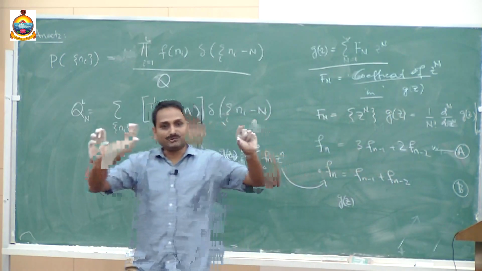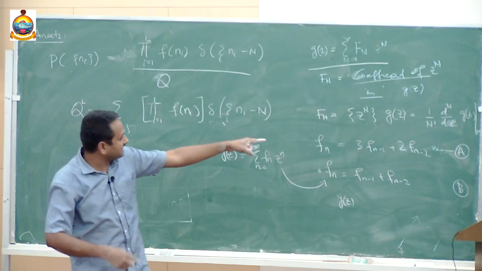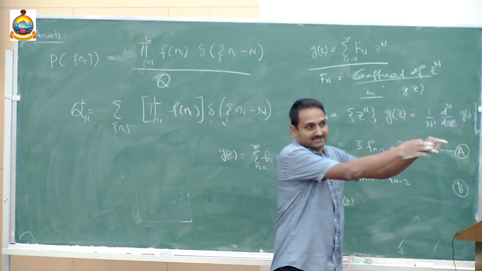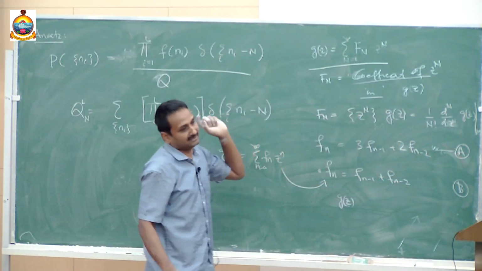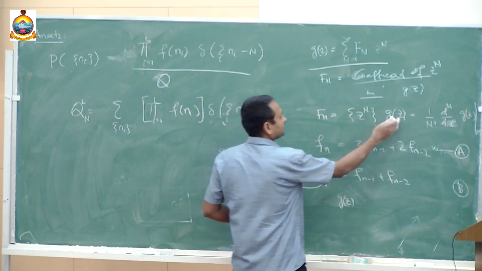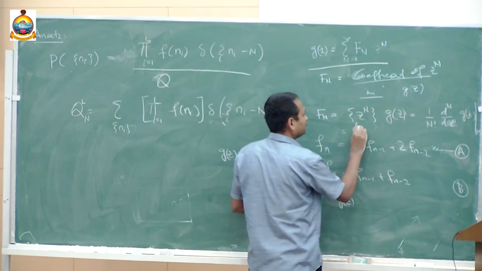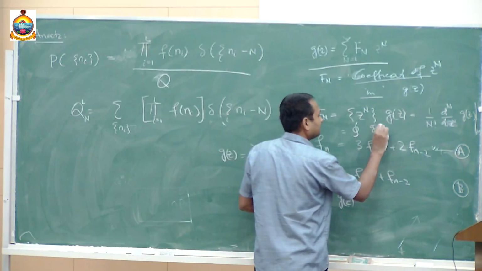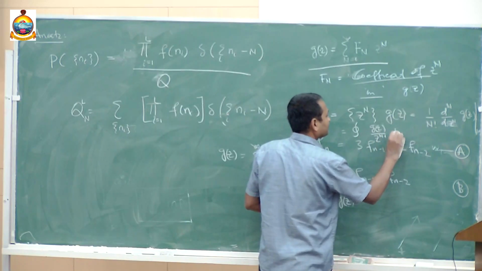Because there is this coefficient, if you differentiate z to the power n, n times, you have n factorial, which cancels that, and the other terms will have some factor of z, so if you put z equal to 0, it's done. You get the coefficient in your hand. So this is very simple. The other way to do it: this is g(z) divided by z to the power n plus 1, in a contour integral.